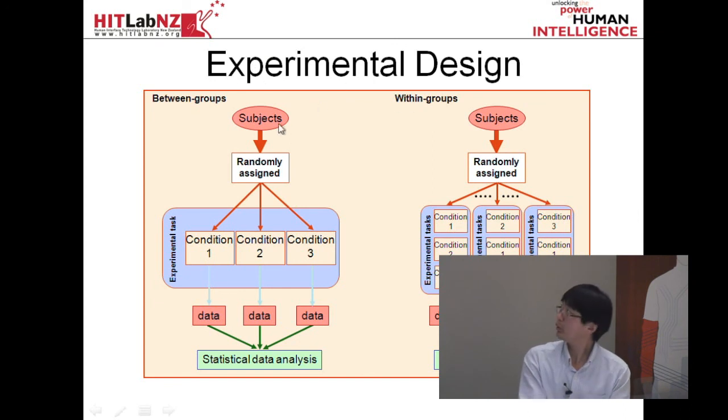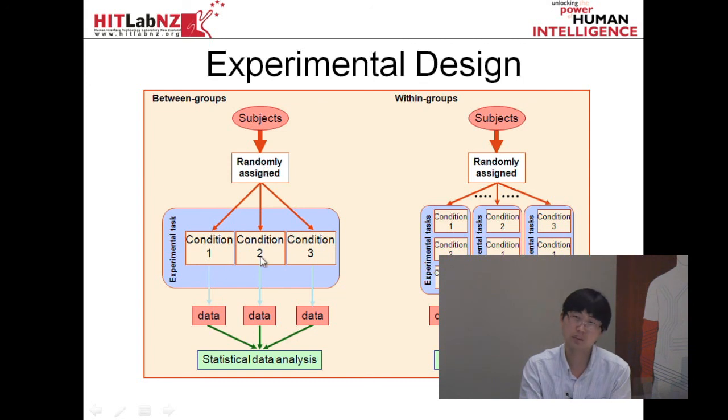So if you sum up what we talked about between subject and within subject design: in between subject design, you randomly assign them to different conditions. If you have 12 subjects and 3 conditions, then, actually, it should be 4 subjects try condition 1 and you collect the data.